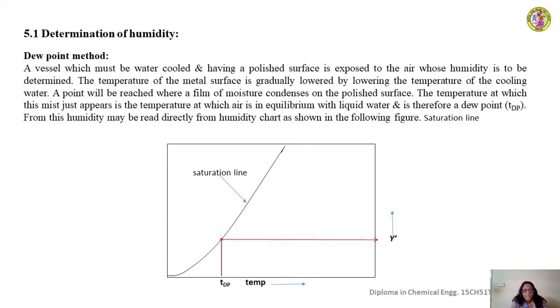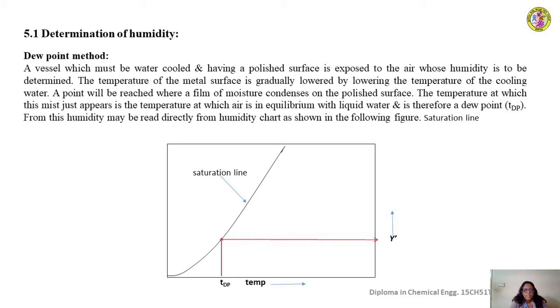That line will meet the 100% saturation line at some point. From that point, if you draw a straight horizontal line that meets the y-axis at a certain point, that point gives you the actual humidity of the given air sample.